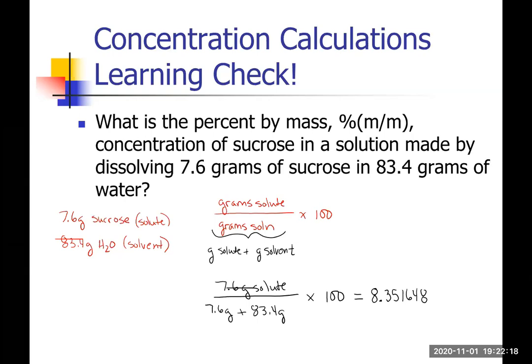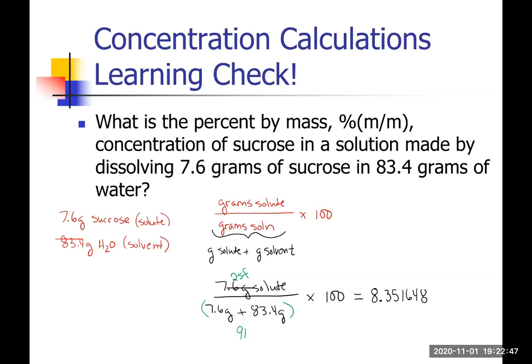So when I look at my significant figures, I see that I have 7.6, that's two significant figures. And here I have the addition subtraction rule. When I add those two together, 7.6 plus 83.4, I get 91.